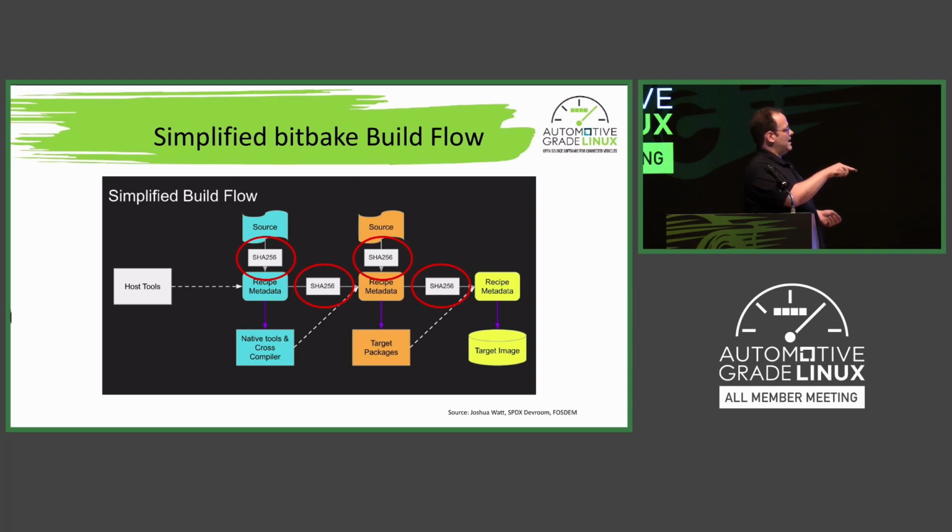We can use a hash from the tarball to identify that. The recipe metadata and this hash, we can create a new hash over here. And for the next recipe, or for a recipe that depends on the first one, we can do the same. So we actually have a full tree of hashes throughout the build process.